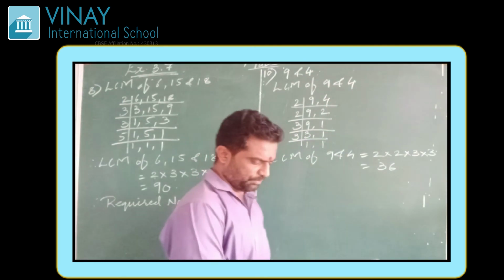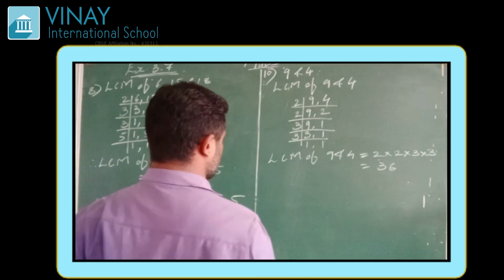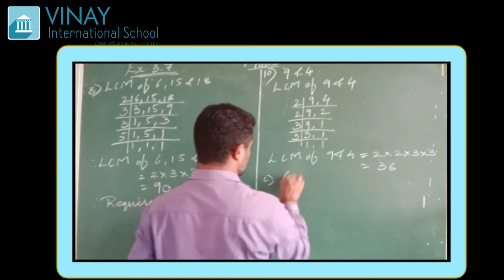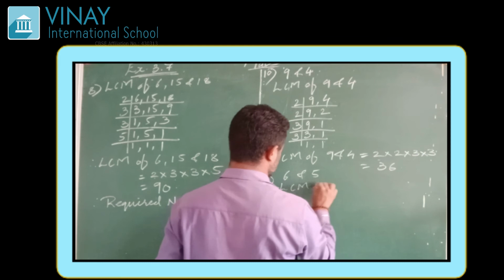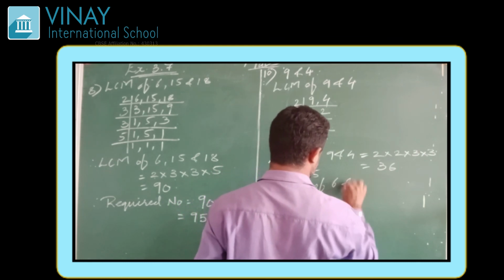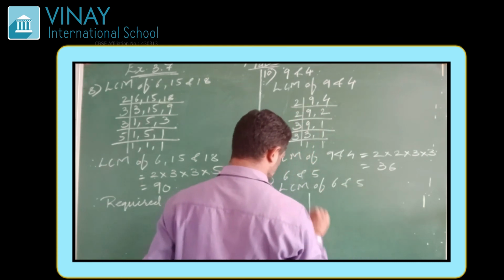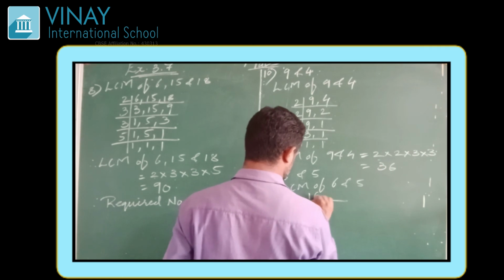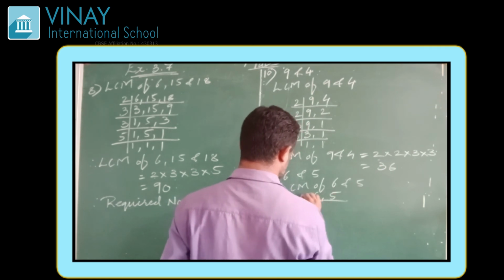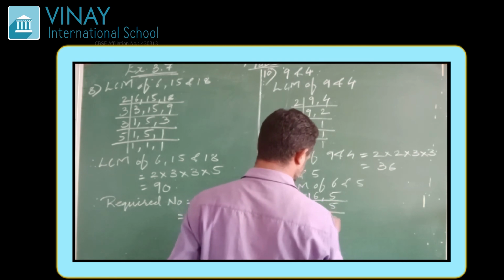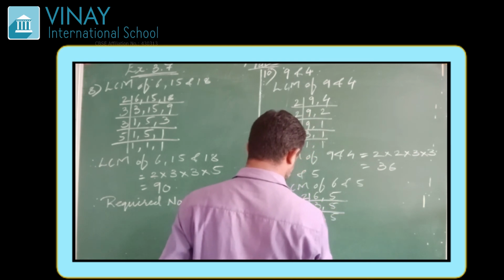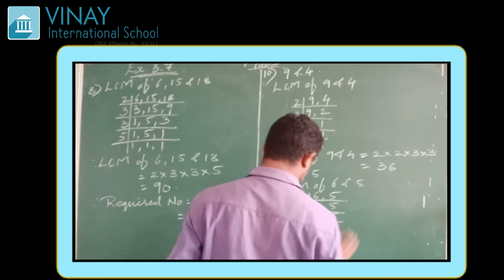Let us do one more, that is 6 and 5. LCM of 6 and 5. Divide by 2, 3, 5, then 3, 1, 5, then 5, 1, 1.